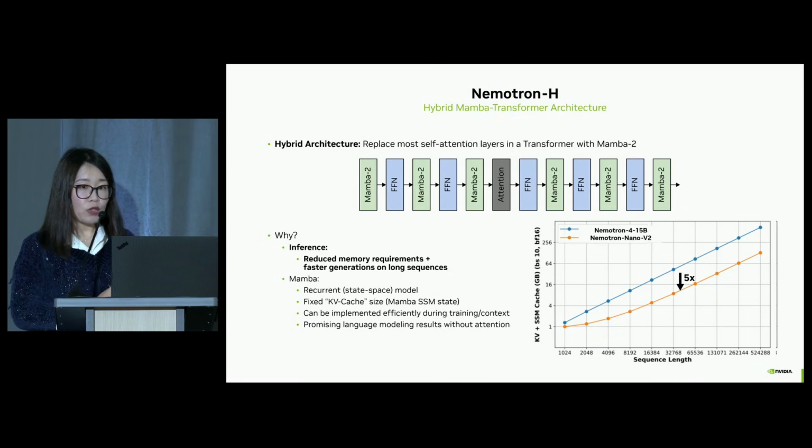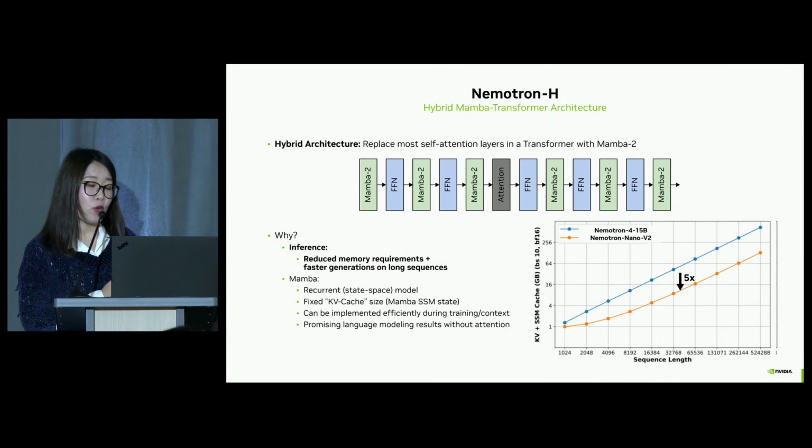So to overcome that limitation of self-attention, my colleagues designed this hybrid Mamba-Transformer architecture. Basically, they replace most of the self-attention layers with Mamba-2 layers. The benefit of the Mamba-2 layer is that it's a recurrent state space model. It has a fixed cache, so it will not increase when you increase the sequence length.